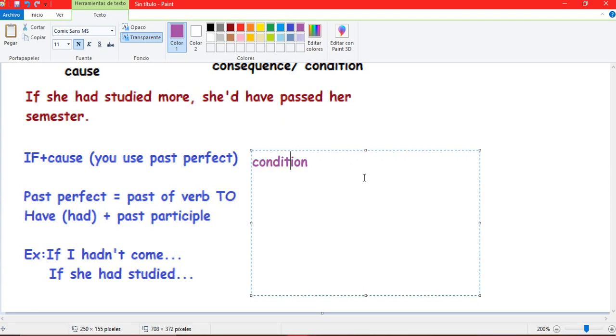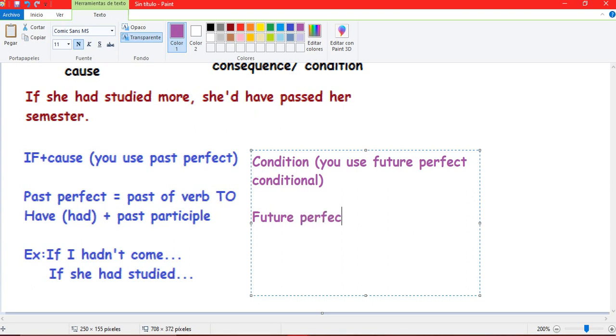For the condition or the consequence, people, we use the future perfect conditional. What is the future perfect conditional?